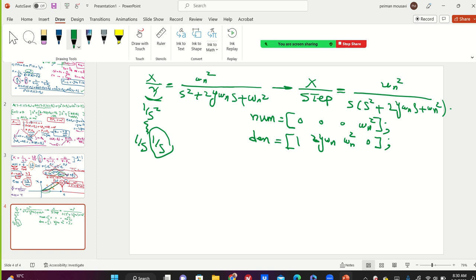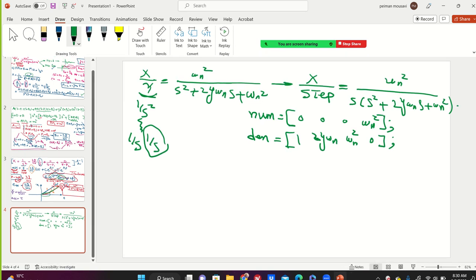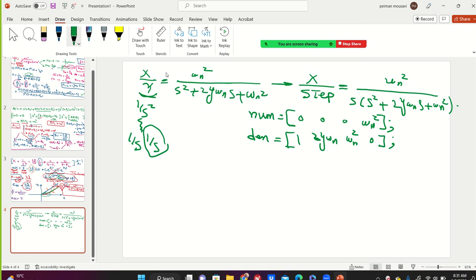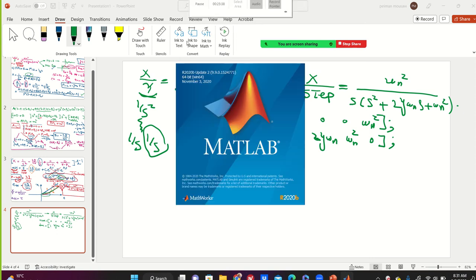So let us visualize what we did, and I'm going to change the damping ratio to see its effect on the transient response.